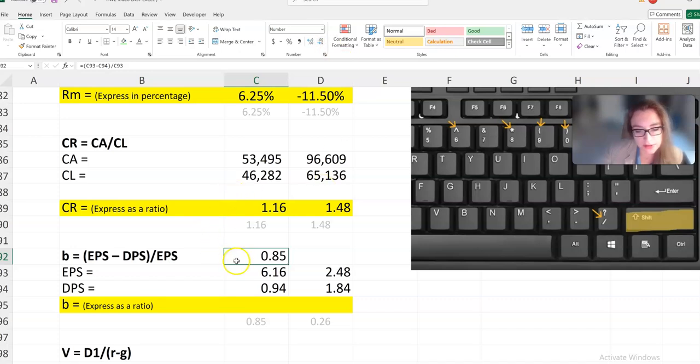If we need to leave only 2 decimals, we click this button till we have only 2 left. And again, we just drag it to the right and copy the formula.